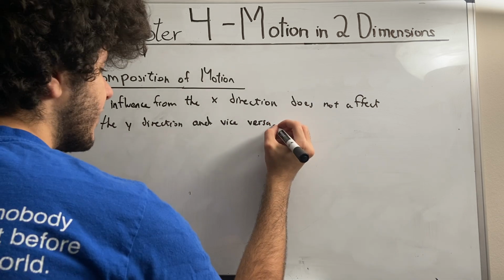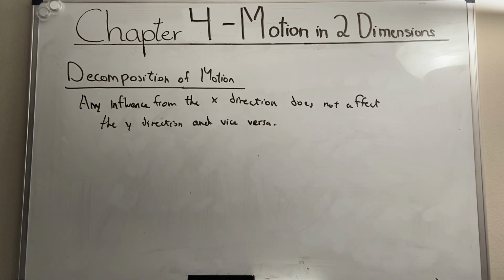This is a very, very important concept that we're going to have to wrap our heads around. Viewing 2-dimensional motion as 2 separate motions, one along the x-axis and another along the y-axis, is referred to as decomposition of motion, like what I was saying.